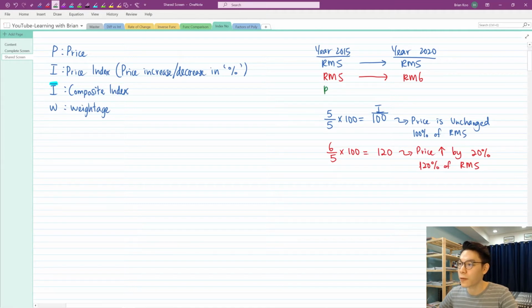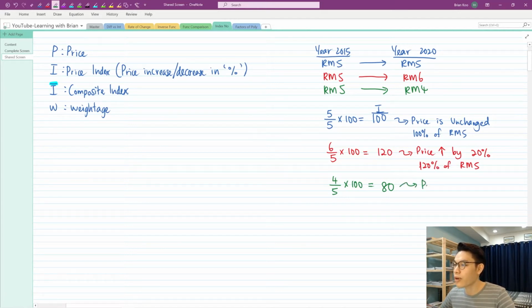One last example. So we got remain the same, increase. Now I show you decrease. So the bigger year 2020 is on top, the smaller year 2015 is at the bottom, times 100. Remember, don't write percent. This time you're going to get 80. The price index is 80. What does this mean?